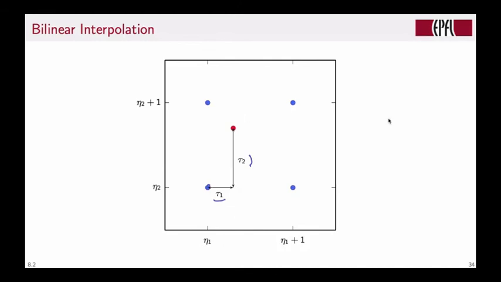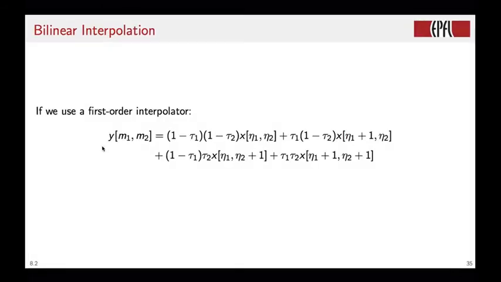So to compute its value, we first interpolate in the horizontal direction, and we find 2 subpixel values at vertical coordinate eta 2 and eta 2 plus 1, both at a distance of tau 1 from eta 1. And then once we have these 2 values, we compute a vertical interpolation at a distance of tau 2, like so. And this gives us our desired value. With a first order interpolator, the value is simply a linear combination of the values of the 4 pixels that we saw before, weighted by some factors that take their distance from the reference point into account.